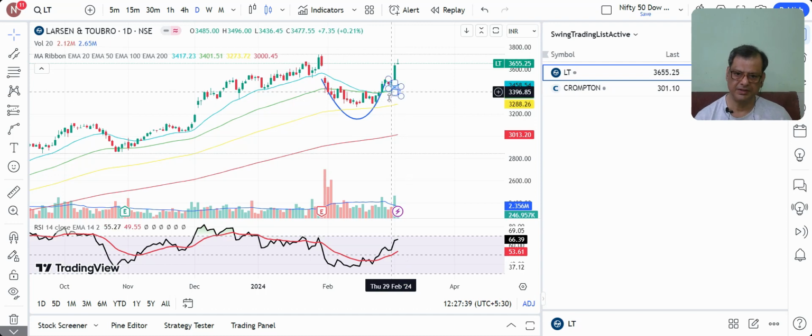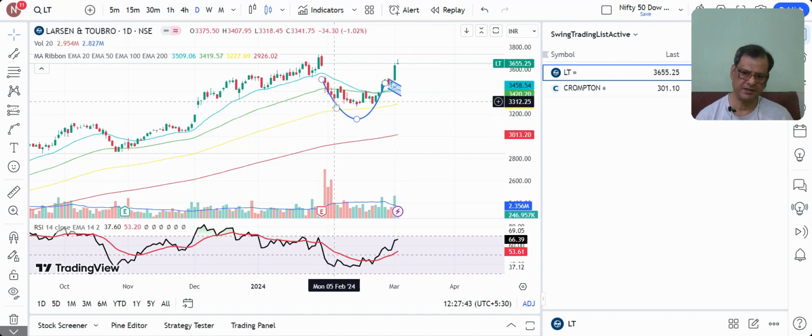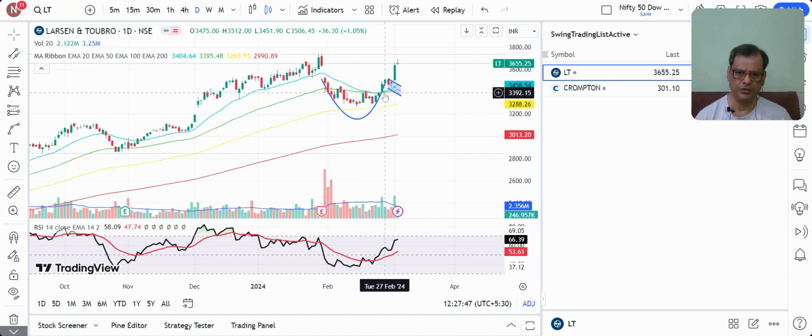There is a small handle being formed. Prices have come down, are consolidating, and slowly going up with rising volumes. Then again there is some profit booking and consolidation here. And finally, price has broken out of the cup and handle.